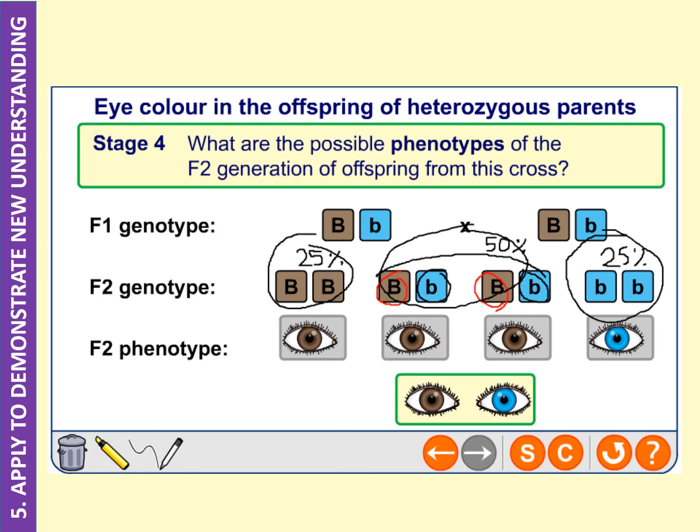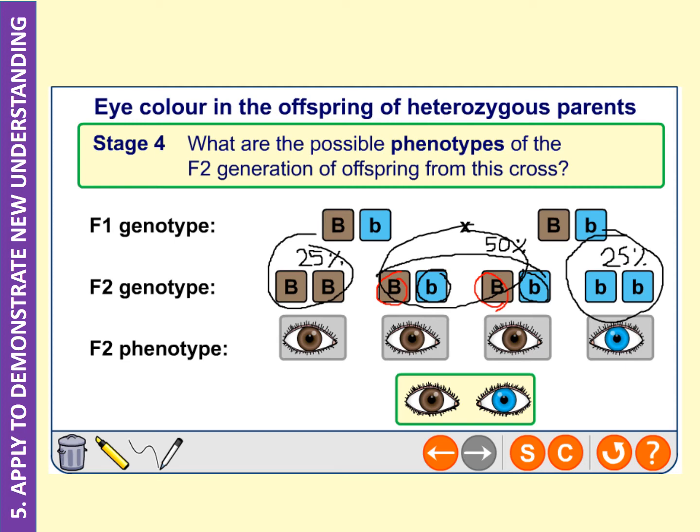Now, if we just quickly erase those, this leads to a Punnett square that looks like this. If you fill this in, you end up with something that looks like this, and Dad here, we're going to assume, is on the left hand side.